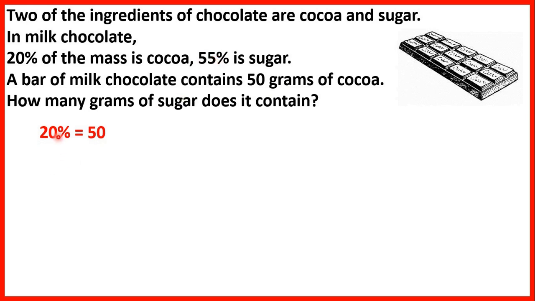We can't multiply 20 by anything to get 55, or at least we can't multiply 20 by a whole number to get 55. But what we can do is first divide. So if we divide by 4, 20 divided by 4 is 5, and if we work out 50 divided by 4, that's 12.5.